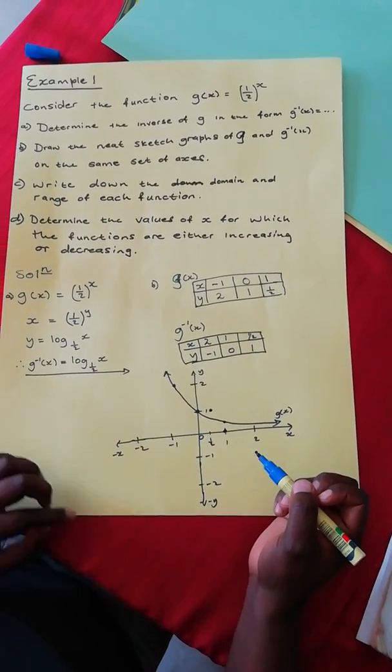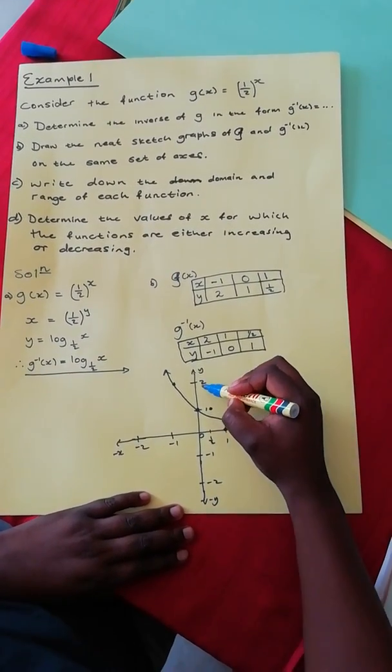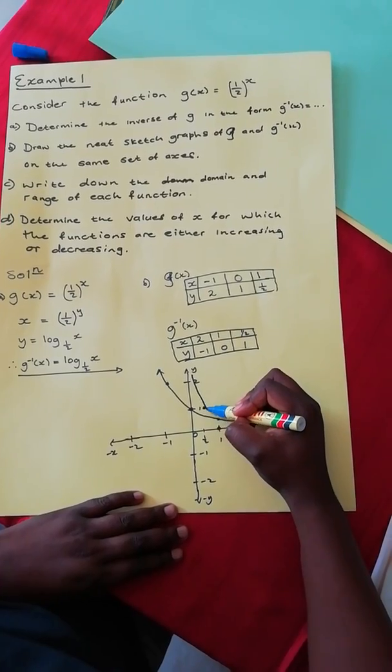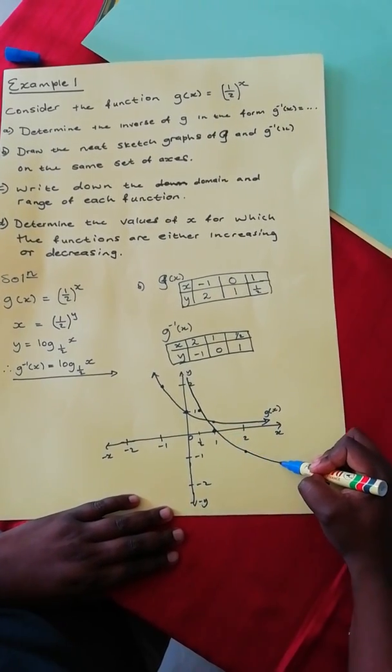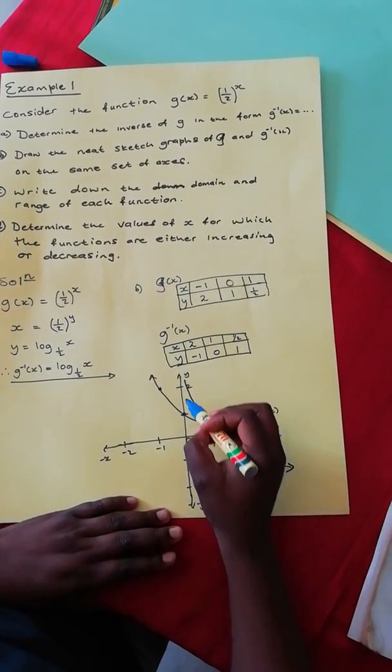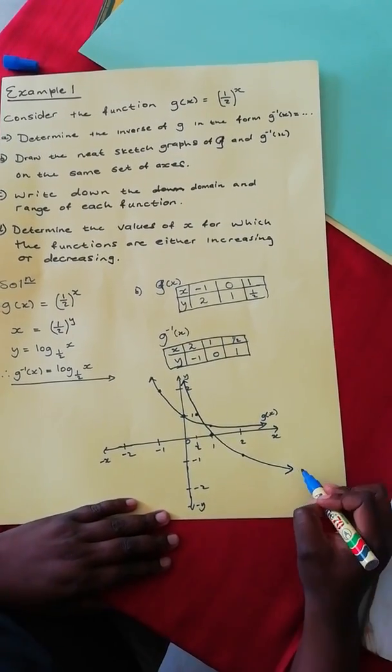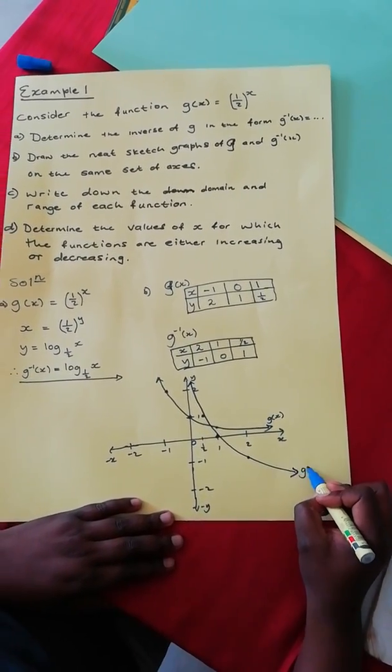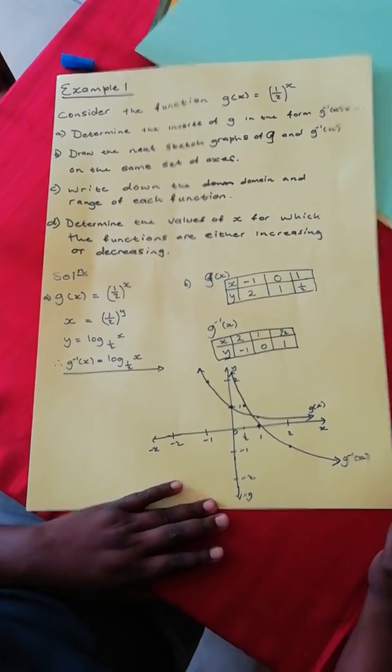So if you are sketching the graph, it will stop nicely. So that is the graph of g inverse of x.